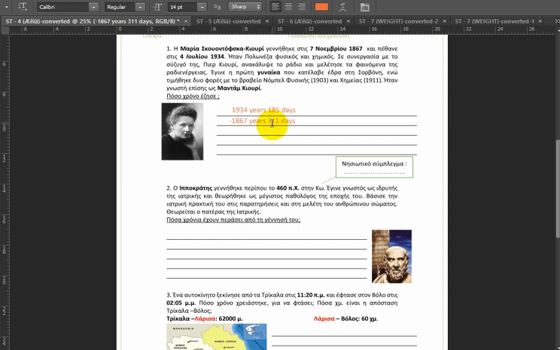Right away, we should notice that 311 is more than 185. So what I need to do is borrow a year and add it to this number of days. And then I'm going to subtract an extra year. If I borrow a year and give it to these, that's 365 days. I'm going to have to do plus 365. And then I'm going to have to subtract an extra year.